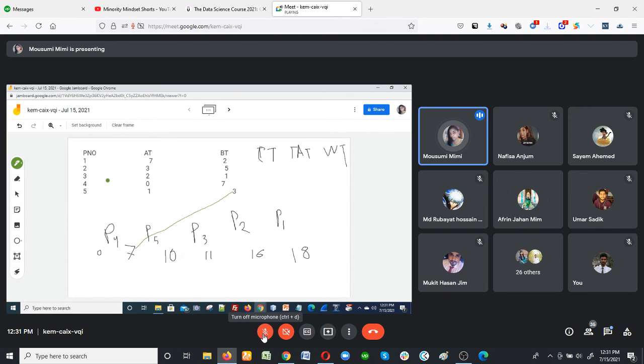Then I go for process 3, so 1. Then I go for process 2, so 5 plus 11. Then I go for process 1, 16 plus 2. Are you clear? Yes, ma'am, now I'm clear.